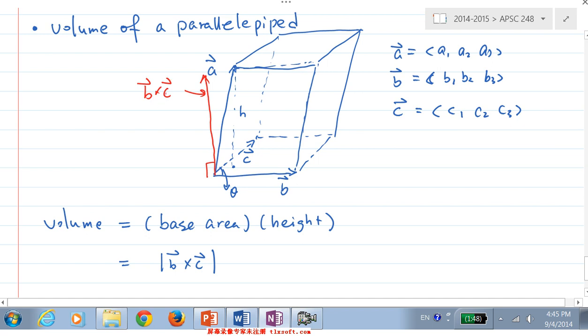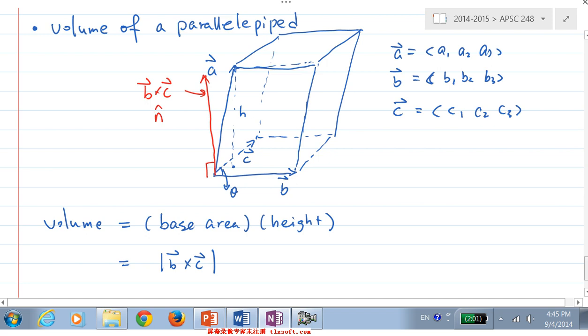What we want is A projected onto the direction indicated by B cross C. So I use a shorter symbol, n hat, to indicate the direction pointed to by B cross C. And then we need the projection of A onto that direction.